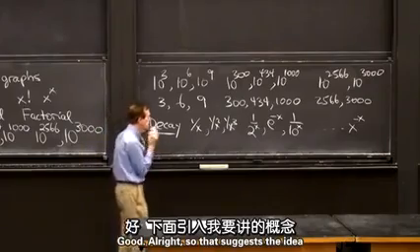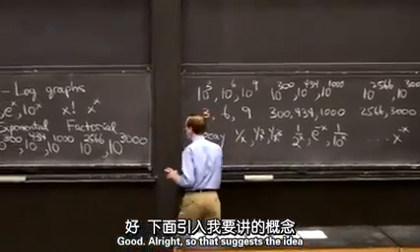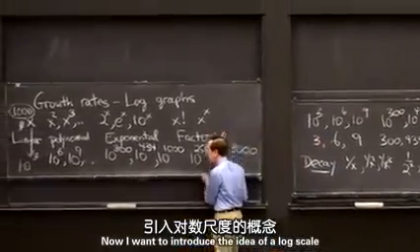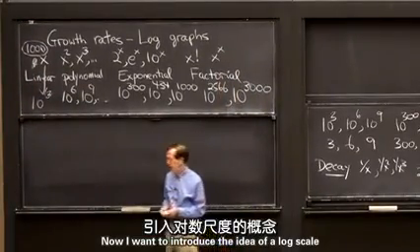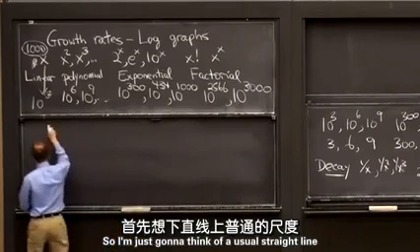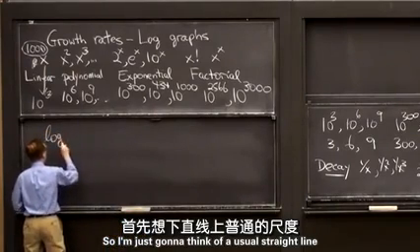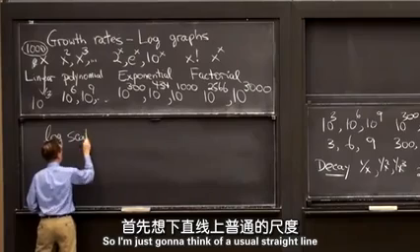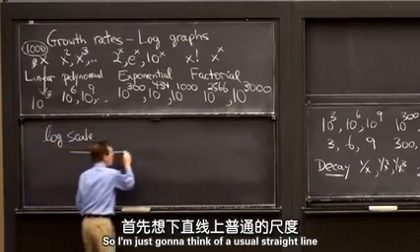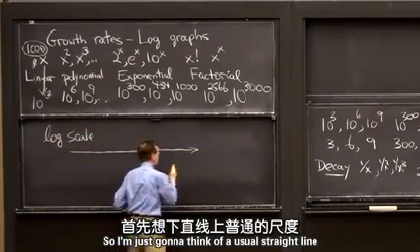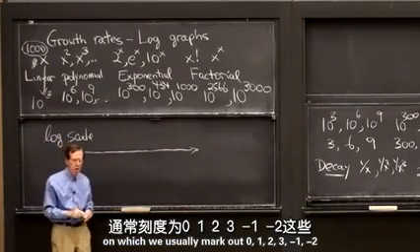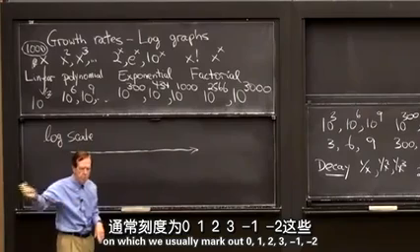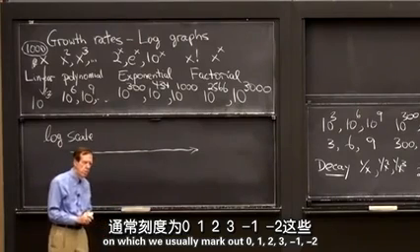All right, so that suggests the idea. Now I want to introduce the idea of a log scale. So I'm just going to think of a usual straight line on which we usually mark out 0, 1, 2, 3, minus 1, minus 2.